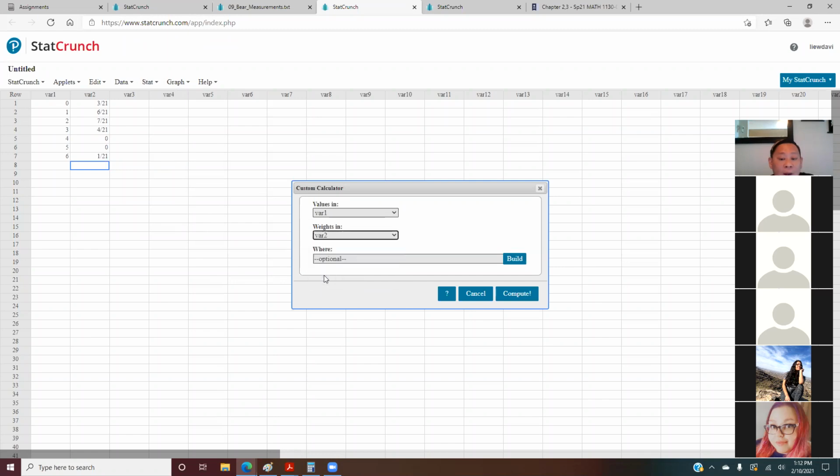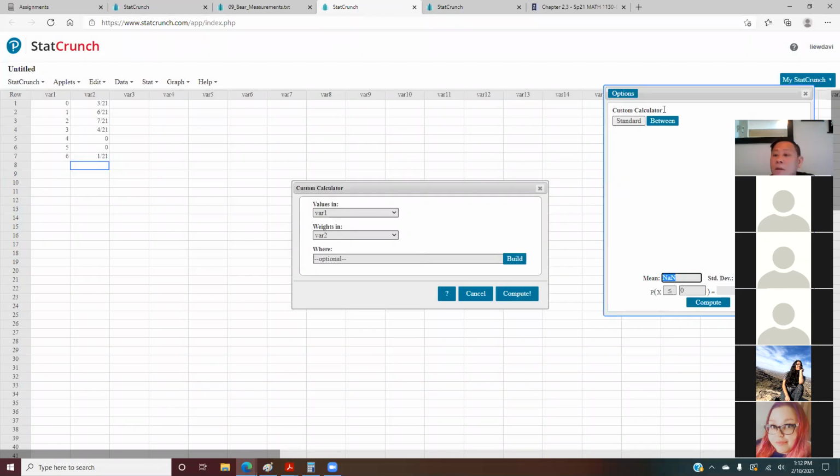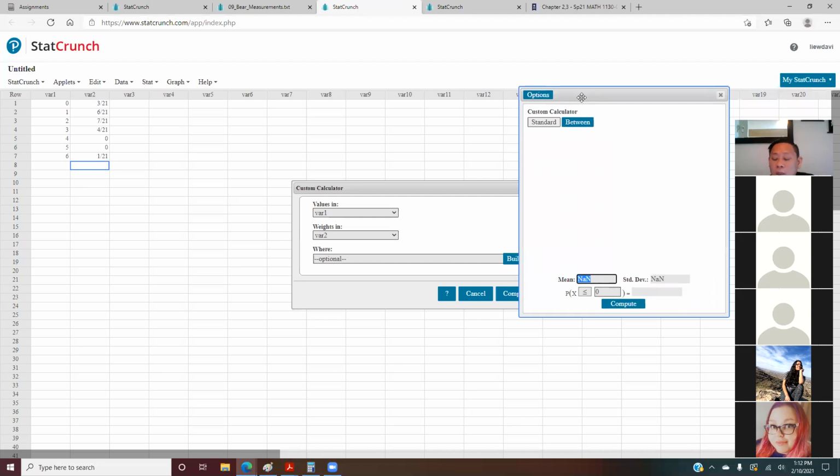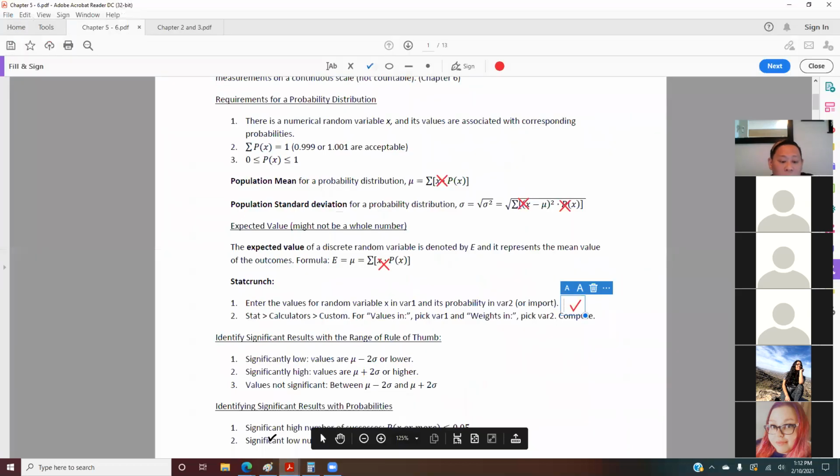For weight in, you select var2, which is all the probability, and then you hit compute. Something wrong here. What's happening? Maybe it's because it's not decimals.